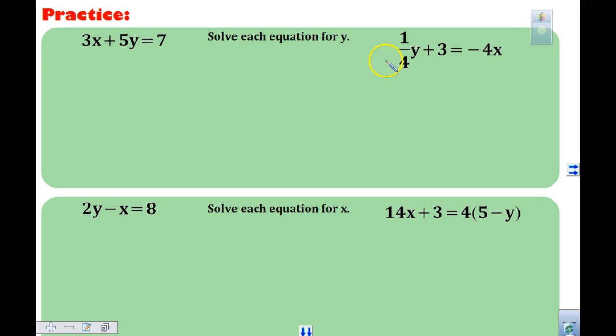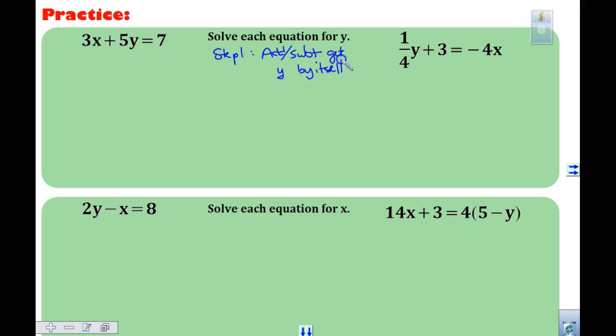So both of these, you're going to solve for y. If I was starting, my first step, I want you to think of this. Step 1, you want to add or subtract to get y by itself. That's my first step.